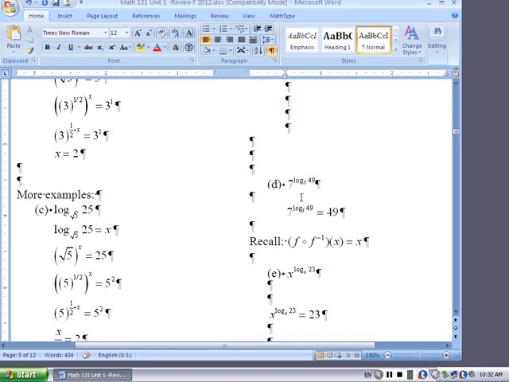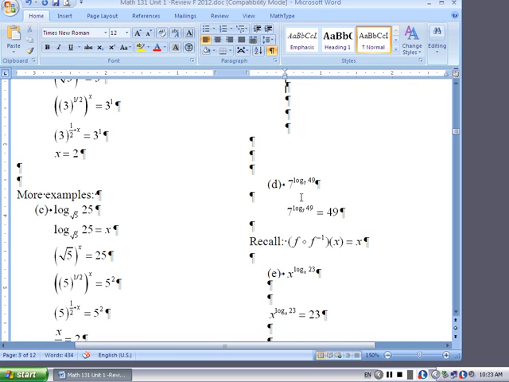Okay, let's practice more. Log to the base 10 of 1,000 means what? Find the power. 10 to that power equals 1,000, which is 3. Log to the base 3 of 81. 3 to what power gives you 81? 4. Yes?